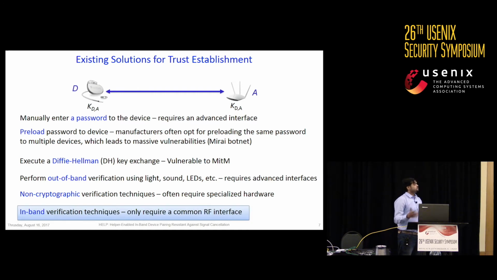Finally, the best technique we feel is the in-band verification technique, which only requires a common radio interface, which is present on all devices that are wirelessly connected to each other. Therefore, in this work, we focus on developing an in-band pairing protocol.